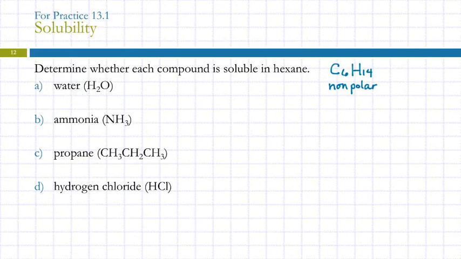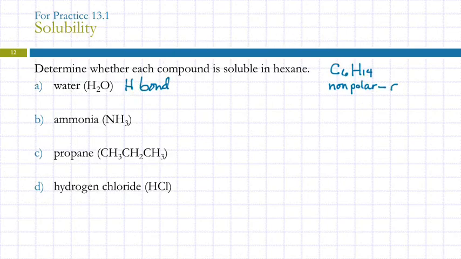Is water polar or nonpolar? It's polar. And so then we have to ask ourselves, what kind of intermolecular forces does it have? It's got hydrogen bonding. It also has dipole-dipole forces and dispersion forces, but we usually compare the strongest one. So this has hydrogen bonding. This one, being nonpolar, only has dispersion forces.